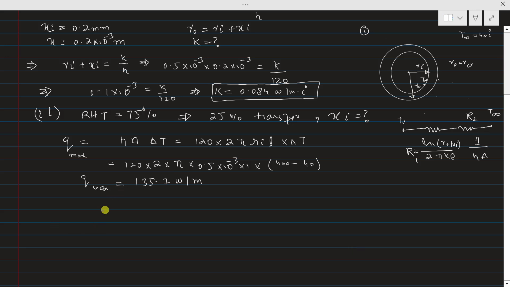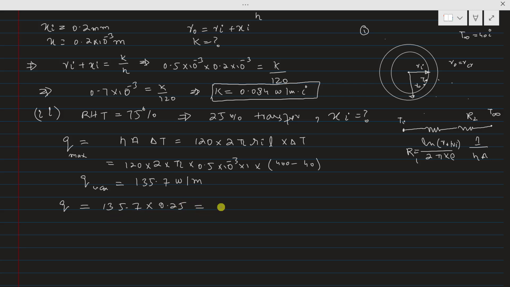Now in the conditions it says we are interested to reduce the heat transfer by 75% and we are only allowing 25% heat transfer. For that condition, find the thickness of the insulation. So our required heat transfer is 25% of this maximum heat transfer: 135.7 multiplied with 0.25.